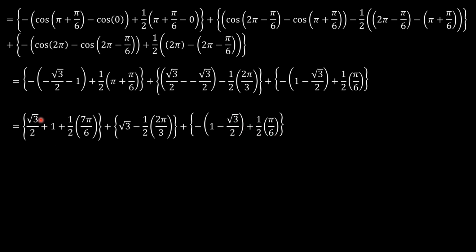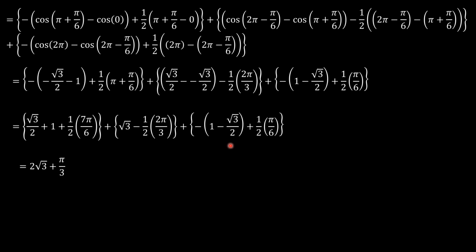So we see positive here, root 3 over 2. This also becomes positive root 3 over 2. So adding up, we have twice root 3. And then we have 1 minus a half, which is going to be a half.